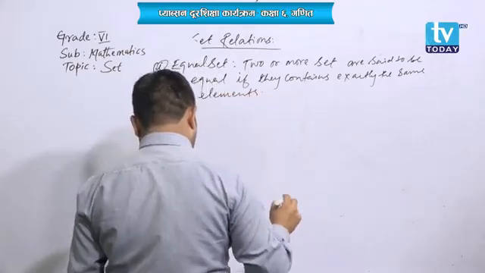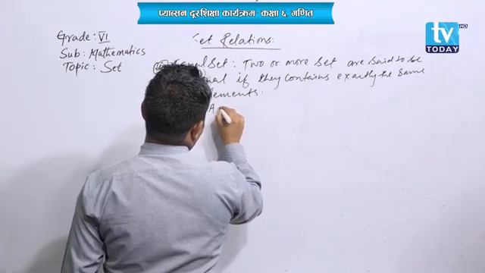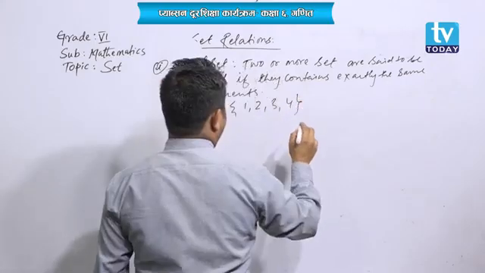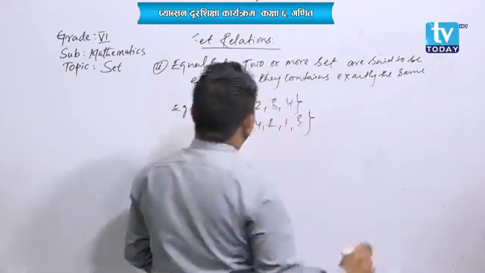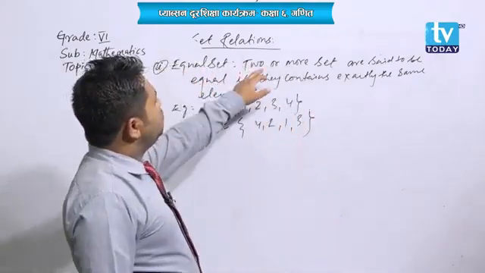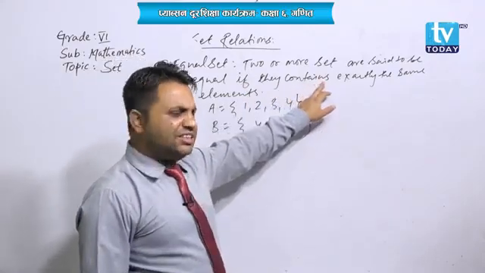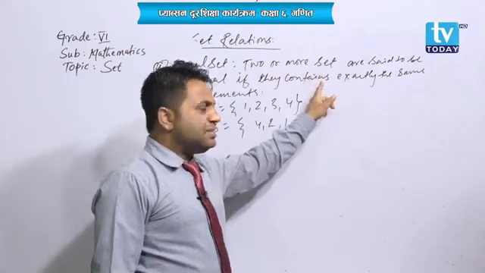For example, A equals 1 2 3 4 and B. Equal set: two or more sets are said to be equal if they contain exactly the same elements and same number.